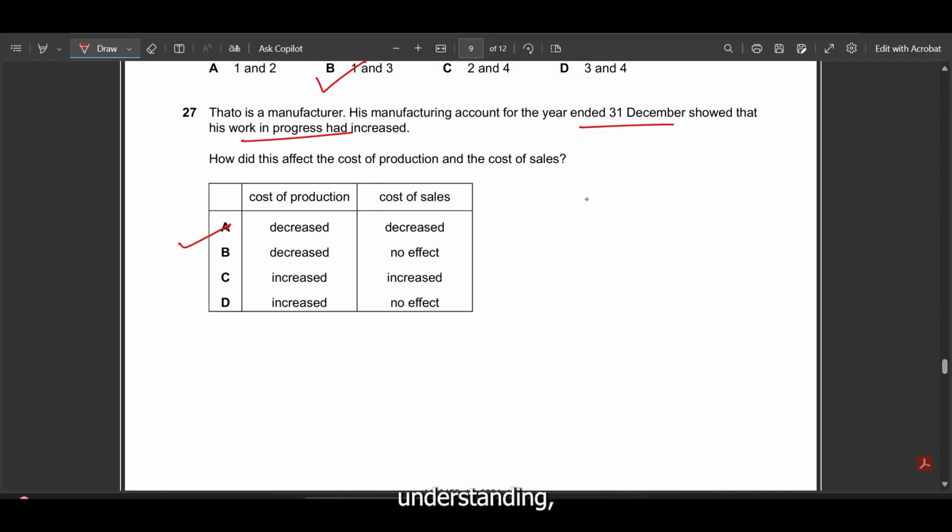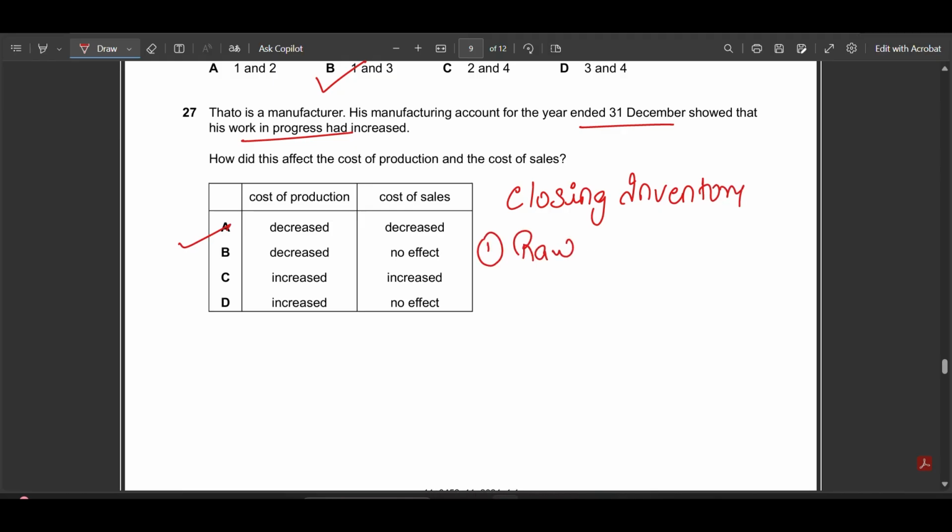Just for your understanding, we have three types of closing inventory in manufacturing account. First one would be raw material, second would be work in progress, and the third would be finished goods.